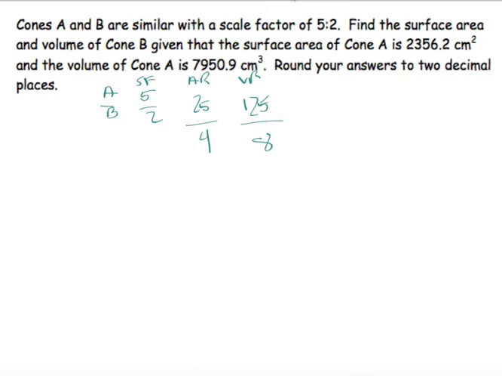And so they want the surface area and volume of cone B, and they gave us the surface area of cone A right here, and they gave it to us as a decimal, not in terms of pi, so we were going to have a decimal answer. So I'm going to use my area ratio, 25 over 4, equal to the area.